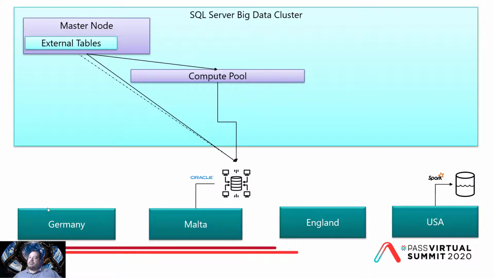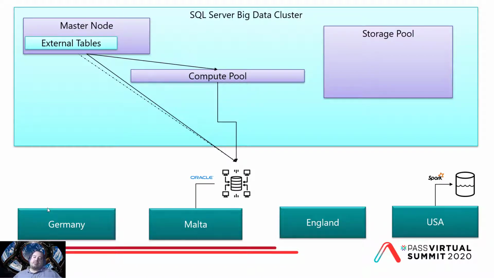But what if in the United States we have a Spark data lake? In this case, it's unstructured data, it's a data lake. Well, one solution for this is to link this external data with our storage pool. Then we can use our other tool, our second tool, HDFS tiering.